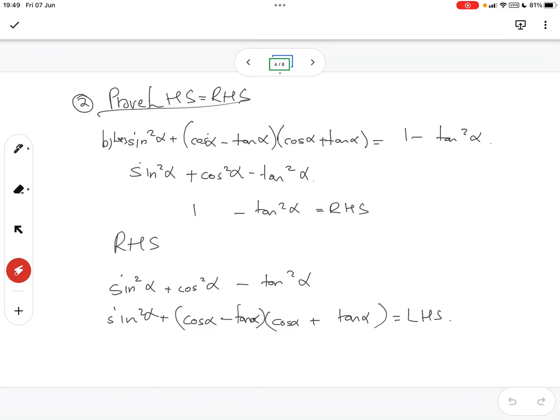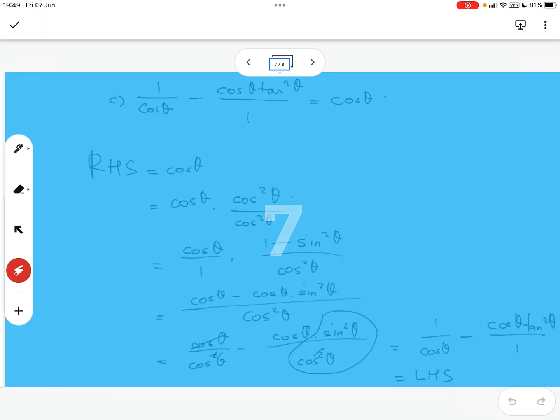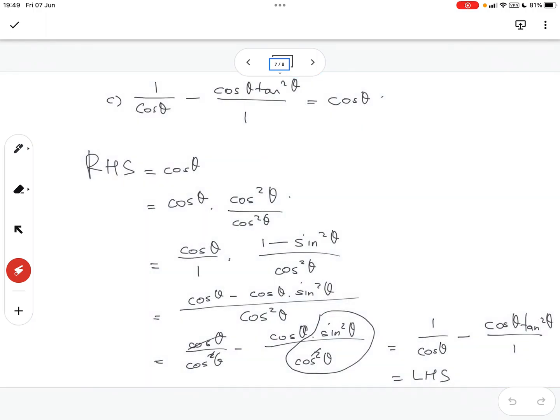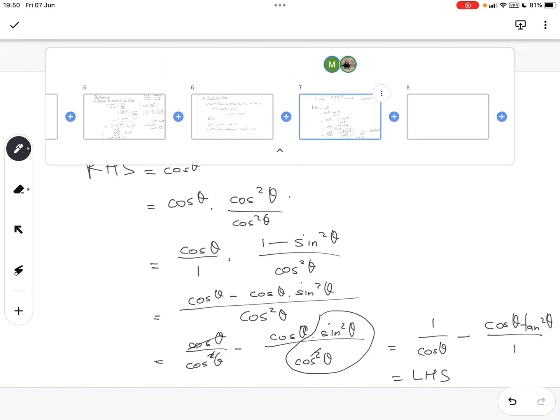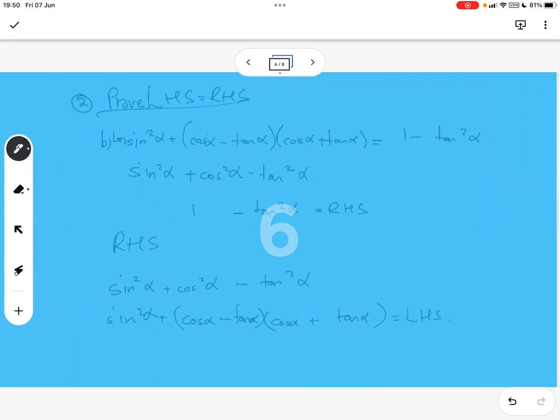Remember our goal is to prove that left-hand side equals right-hand side, again? Prove the following identities and state restrictions where appropriate. Ne? Alright, so that's our goal.